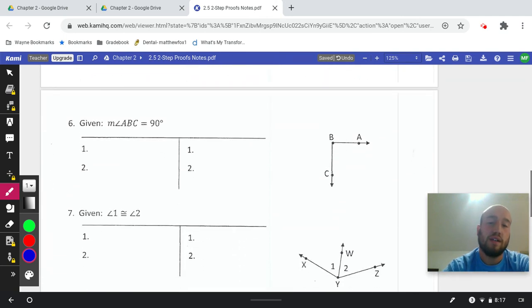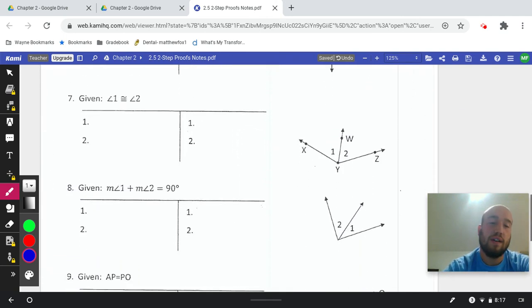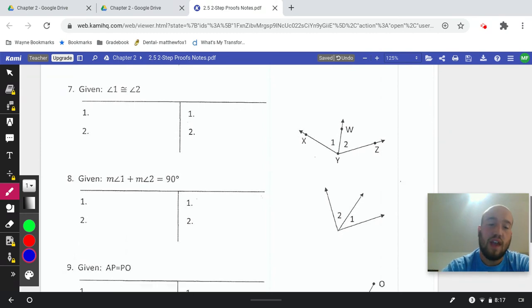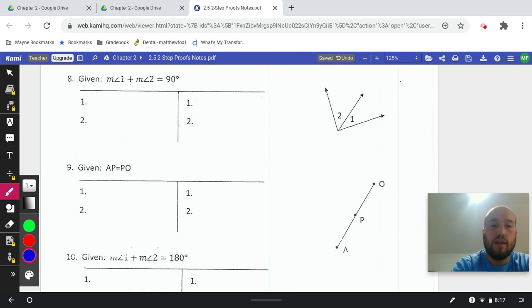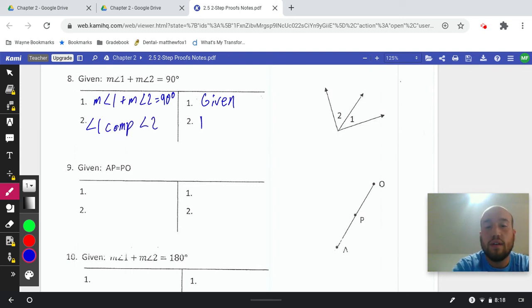Okay. Now likewise, on the back, some of these are kind of the opposite of what we already did. So, for example, on this one, if the measure of angle 1 plus the measure of angle 2 equals 90 degrees, that's given. If that is the case, then we know that angle 1 is complementary to angle 2, and our reason still is definition of complementary.